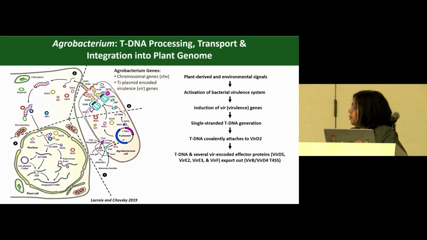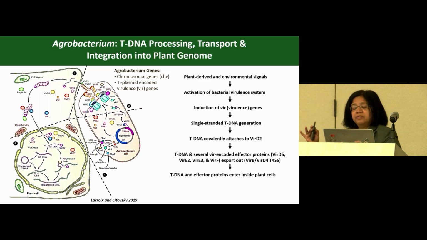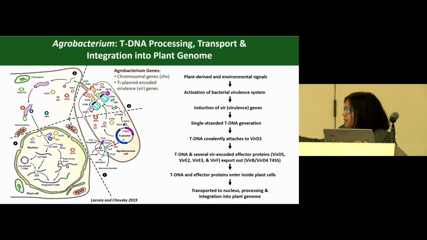And there are many other proteins which have different roles to protect the tDNA and help its movement from agrobacterium to the plant cell, and so on. Once all these proteins and the tDNA move into the plant cell, it eventually integrates into the plant genome. So what we are again seeing here are the proteins and genes from the agrobacterium playing a role in the transfer and integration of tDNA into the plant cell.